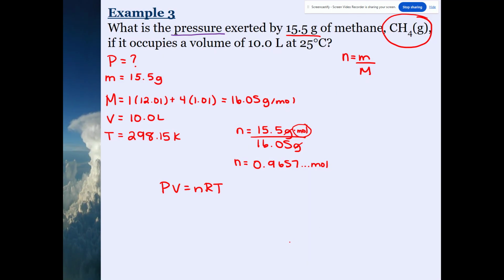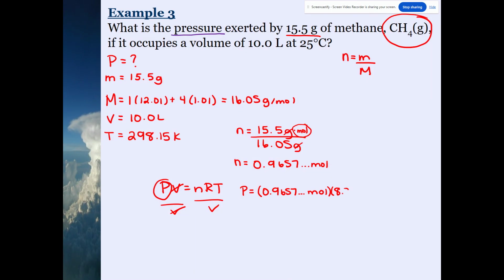I have the amount of a gas. Whenever you have the amount of a gas, you always are using PV = nRT. Now I'm solving for pressure, so I need to divide both sides by volume. So my pressure is going to equal the moles I just calculated, unrounded, so use that entire number from your calculator.